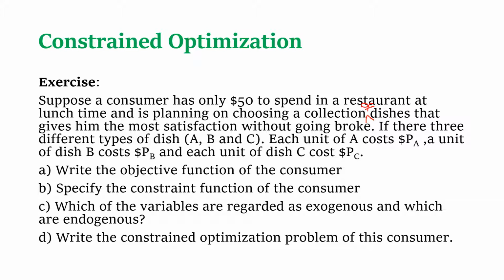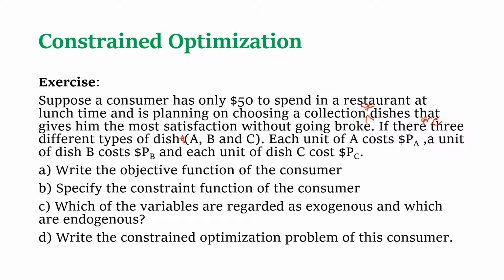If there are three different types of dishes, A, B, and C. Each unit of A costs $PA, a unit of dish B costs $PB, and that of C costs $PC. Write the objective function of the consumer.